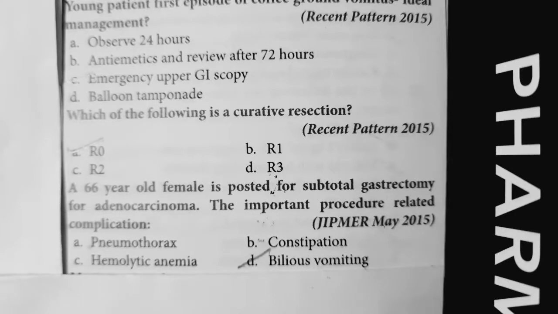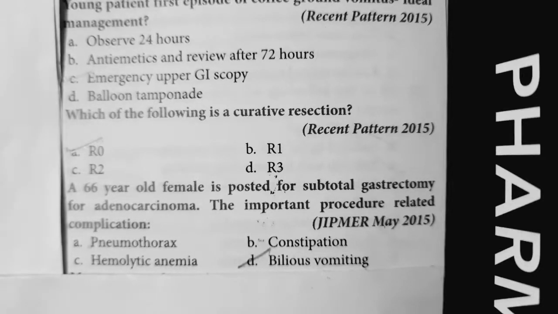So there is nothing to block the reflux. There is increased chance of bile refluxing from the duodenum to the stomach, so it can lead to bile reflux gastritis. That is most commonly bilious vomiting. So this is a complication of subtotal gastrectomy.